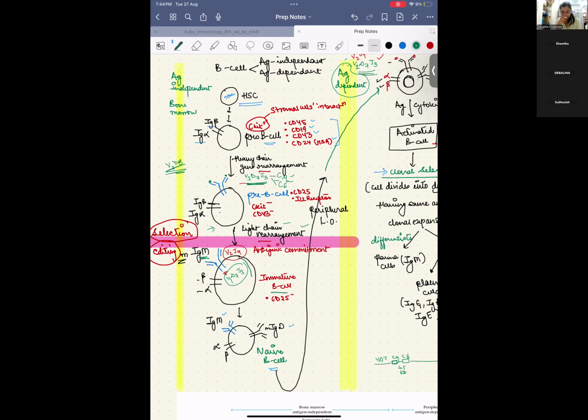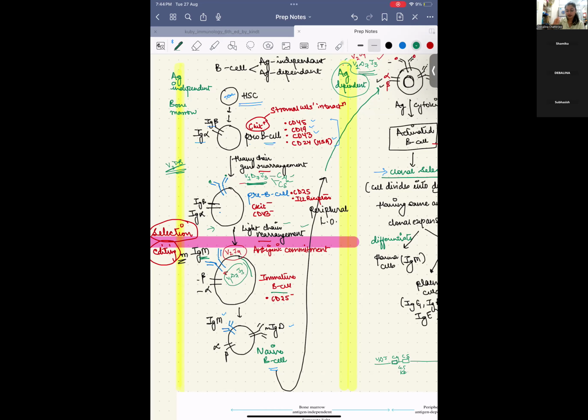ठीक है, so there are three terms you were talking about: clonal selection, antigenic commitment, and VDJ recombination, right? If I remember correctly. So antigenic commitment occurs as a consequence of heavy and light chain rearrangement. Okay? Because once you have the rearrangements done, that has already defined which antigen it can bind.